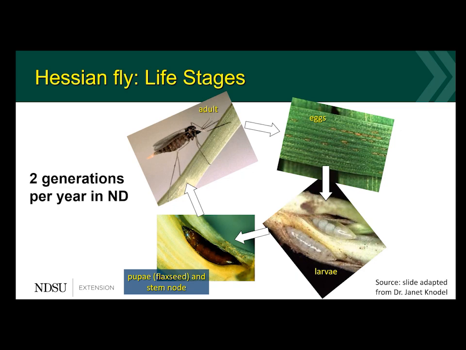And there's multiple hosts of a Hessian fly. And then we're developing still later in the fall. And then this is kind of what we're seeing later on, it's called flaxseed because it kind of looks like a flaxseed. And this is going to be further down at the base, it's lower on the plant.